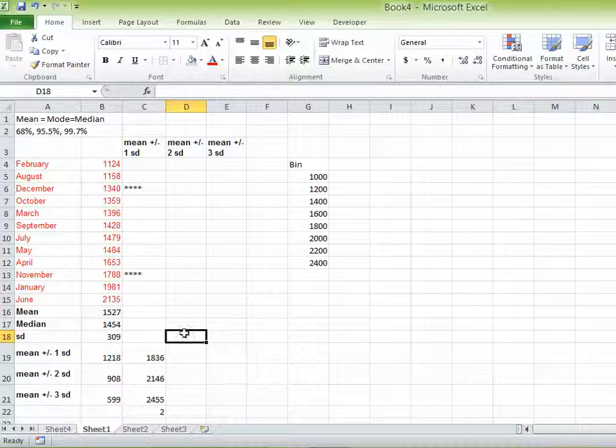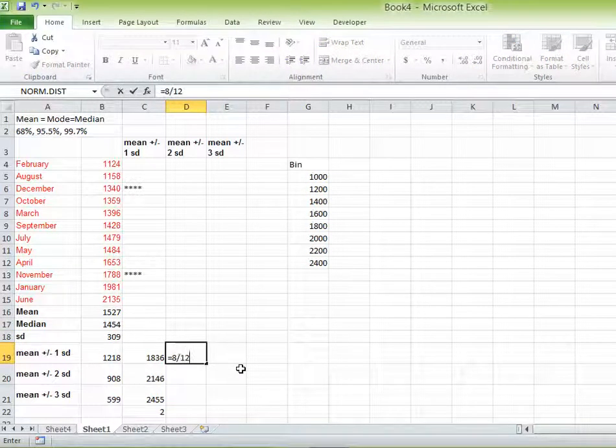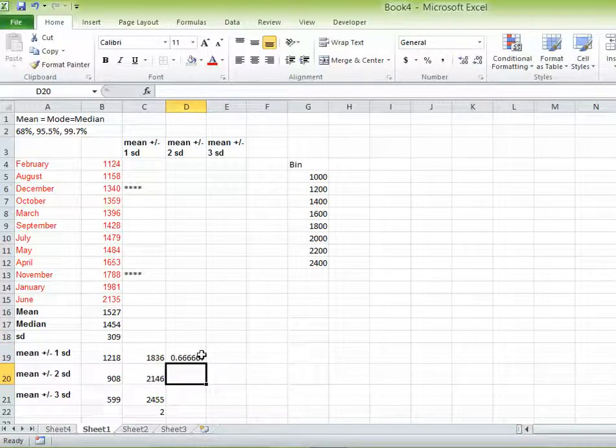And what percent of values is it? Well, let's see. It's 1, 2, 3, 4, 5, 6, 7, 8 out of 1, 2, 3, 4, 5, 6, 7, 8, 9, 10, 11, 12. It's 8/12. Let's calculate that percentage. 8/12. Whoa! We're supposed to have 68% if it's a normal distribution.